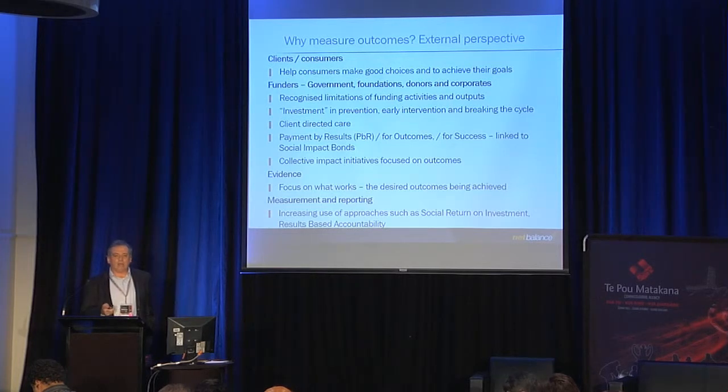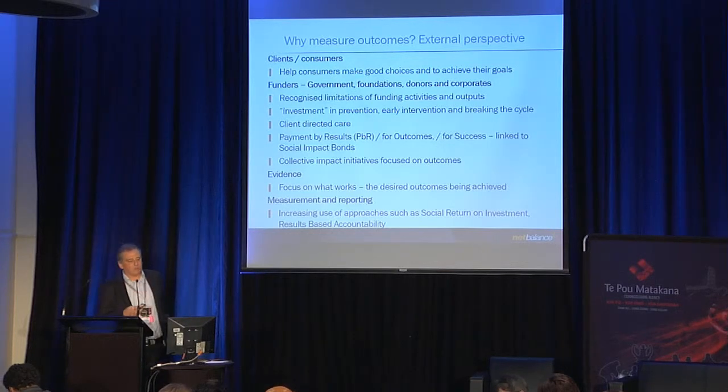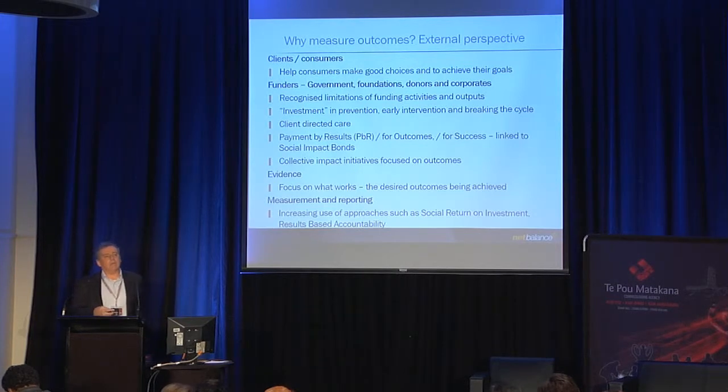We have to move away from you have a problem, this is the only solution to that problem. So increasingly, people with disabilities, people who are struggling to find pathways to employment, they don't just want to have the one option. They want to be able to pursue their own aspirations and goals.